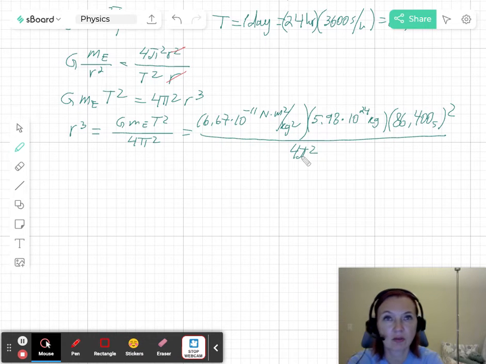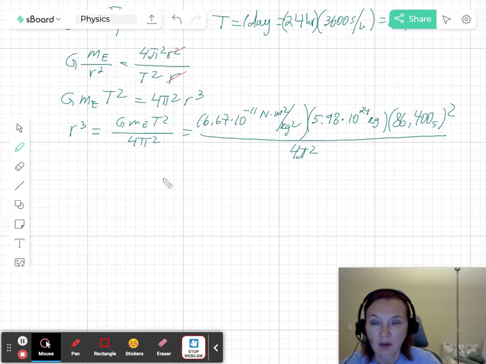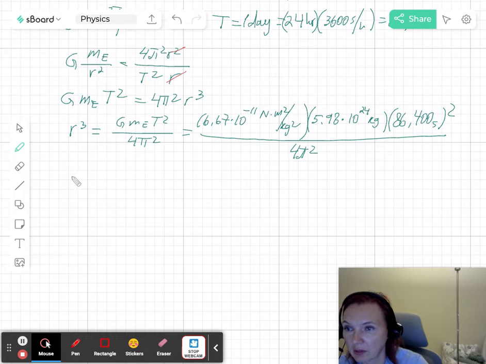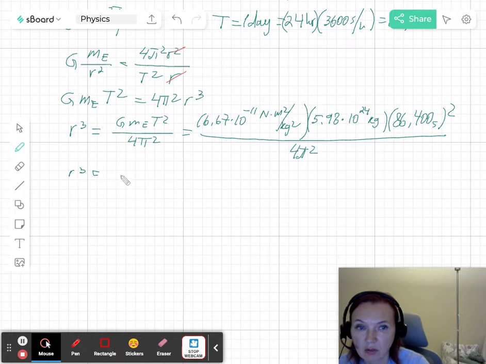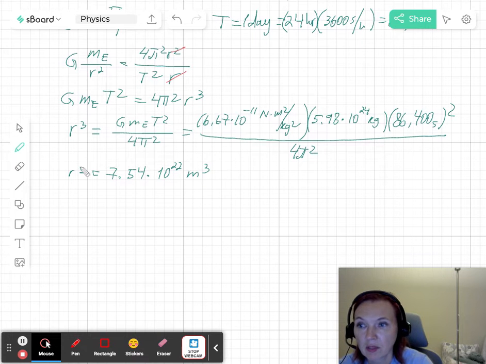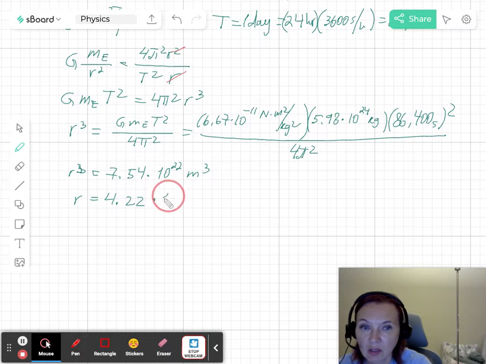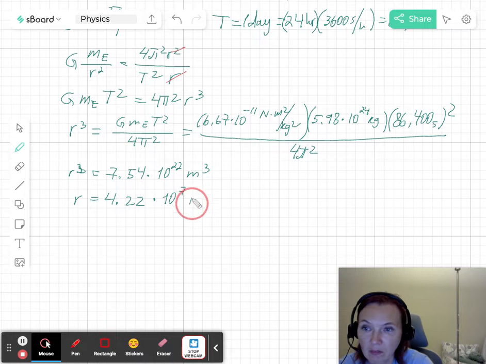If you have a calculator, you can pause and try to calculate. And if you don't have a calculator, you will have to trust me on this. r cubed is going to be equal to 7.54 times 10 to the power 22 meters cubed. But that is r cubed. We need to figure out r, so we calculate the cube root of this number, and that is going to give us that the radius has to be equal to 4.22 times 10 to the power 7 meters.